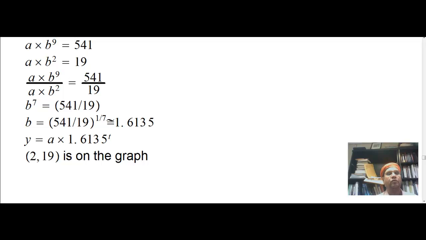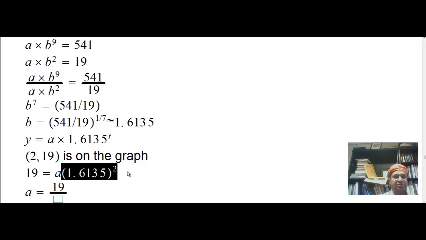So we should have 19 equals A times 1.6135 to the power 2. So A will be 19 divided by this quantity.